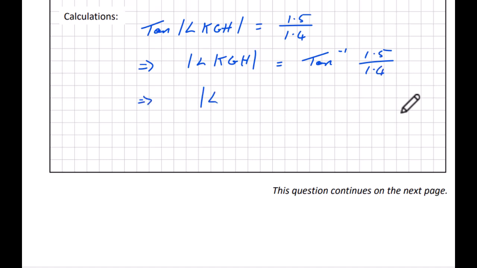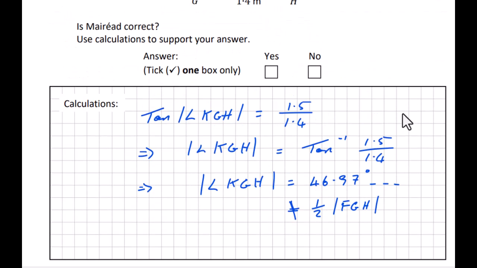So the size of the angle KGH is going to be equal to 46.97 degrees and so on, which is not equal to half the angle FGH. So the answer here is that Mairead is incorrect.